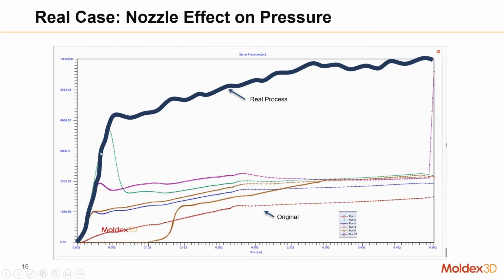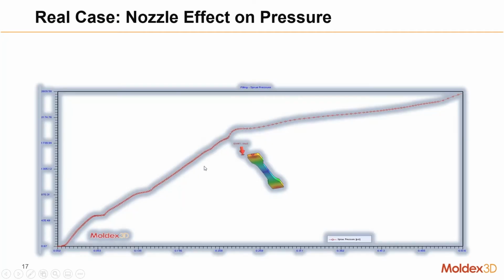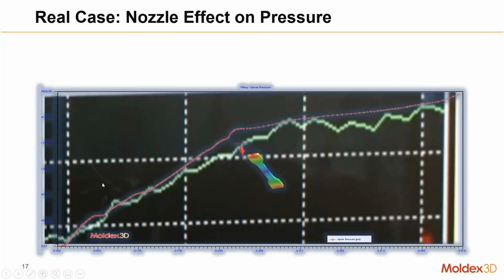The other ones here are just a couple of iterations that we made. But the difference seems quite large. What we ended up doing in this case is we just isolated that one curve, and then we overlaid it onto the sprue pressure curve from reality.